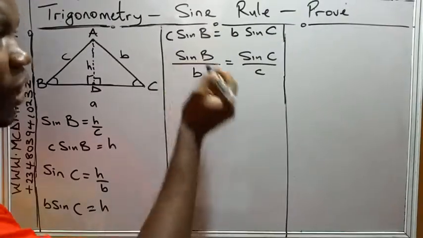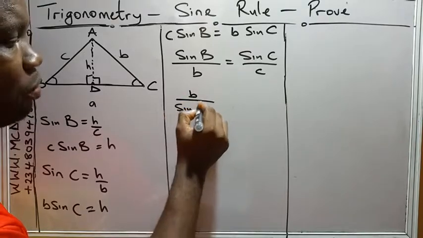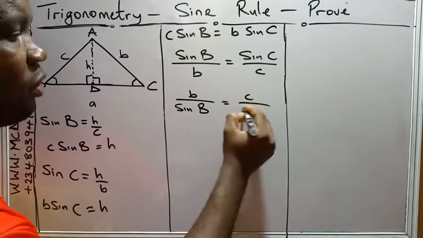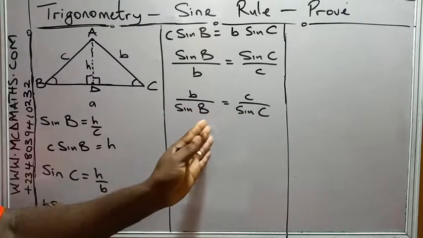So this can be rearranged to form B over sine B equals C over sine C. Now having done that, we have formed what we call the sine rule.